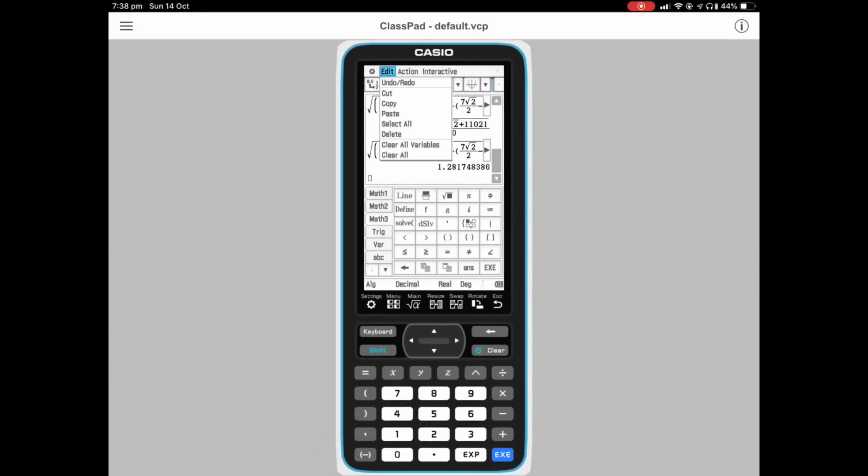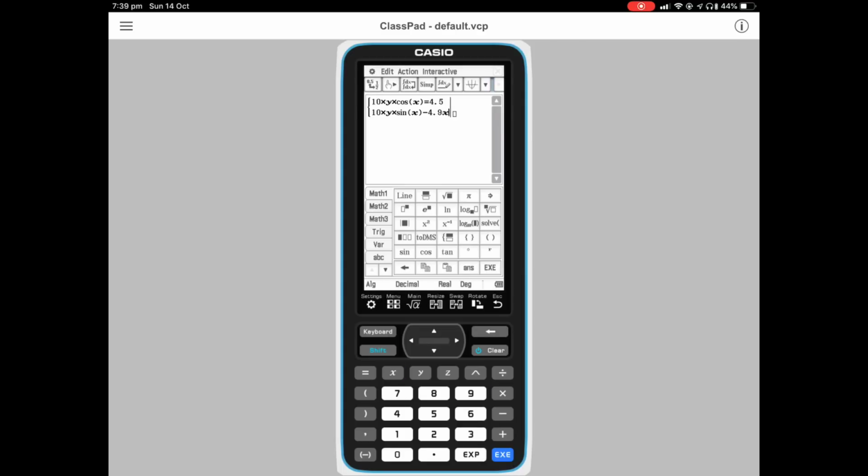So 10 times y, I'm going to say y is t, cos x equals 4.5. 10y sine x minus 4.9, t y squared equals 1.25, and we want to solve for x, y in degrees.